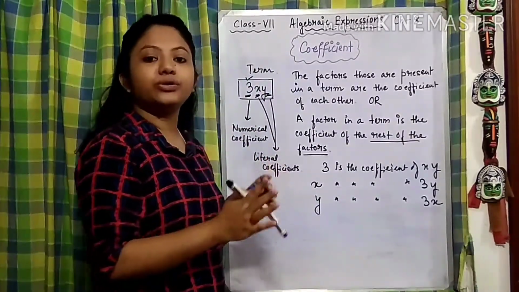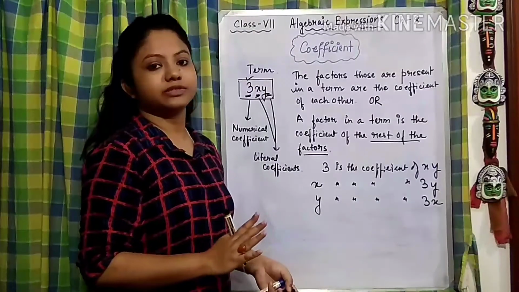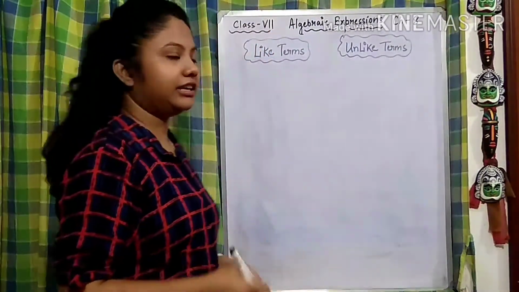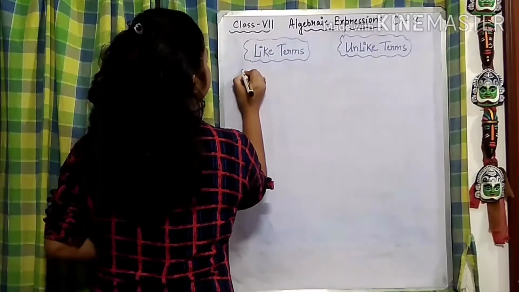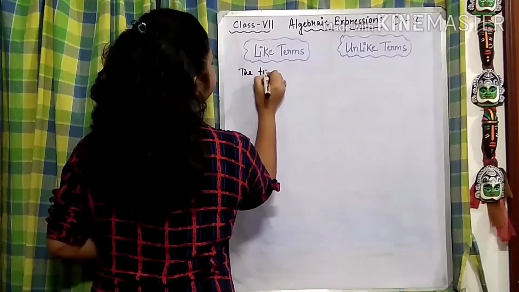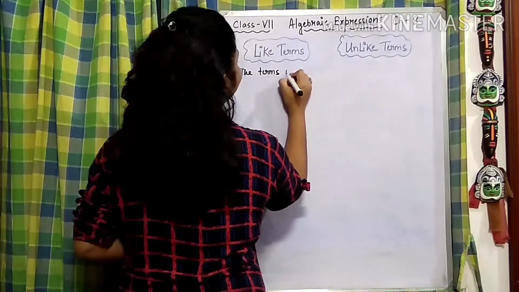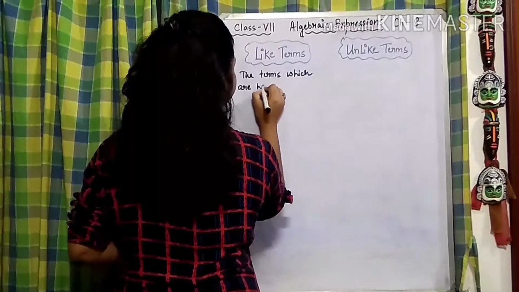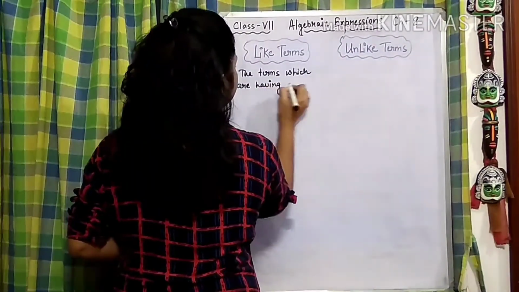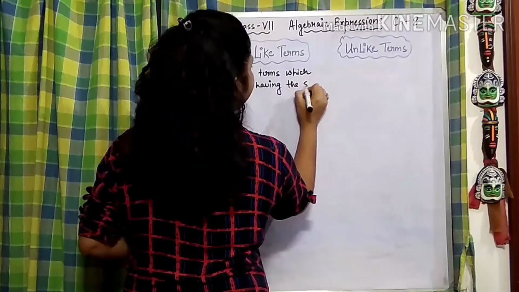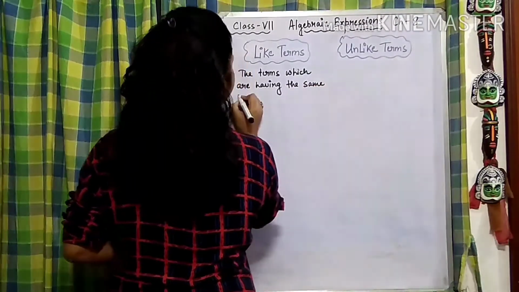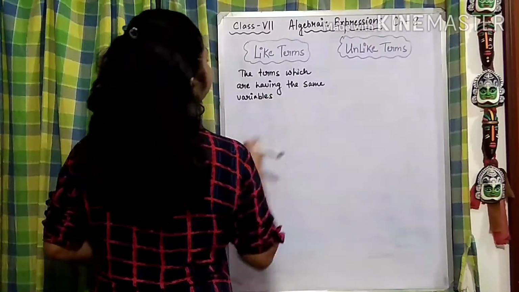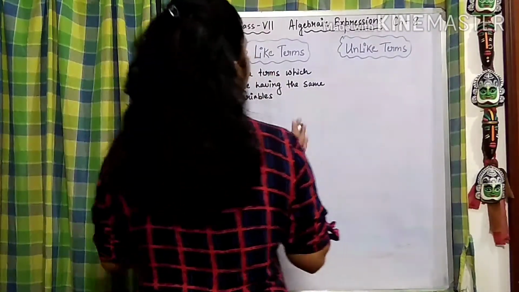Okay. Now we are going to understand what like and unlike terms are. The terms which have the same variables are called like terms.